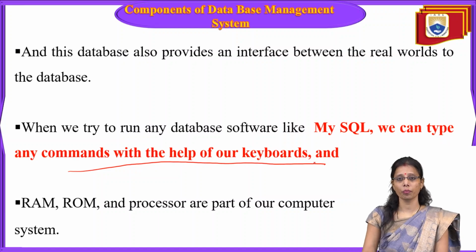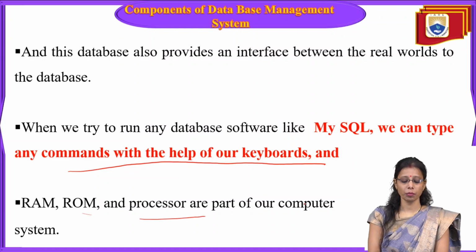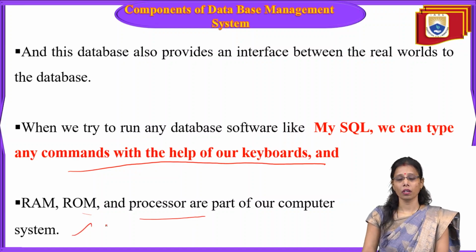If the keyboard is not present, then we are unable to run software like SQL and RDBMS. If you want to add any non-spatial information also, we need the keyboard to enter the information into that software. So this is how the RAM, ROM and the processor are the part of our computer, which helps the system to run the hardware, run the setup of the GIS or any kind of program.